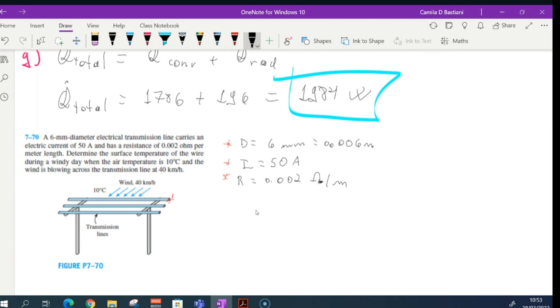So my resistance is ohm per meter. Determine the surface temperature during a windy day when the temperature of the air is equal to 10 degrees Celsius, and the wind is blowing at 40 kilometers per hour.